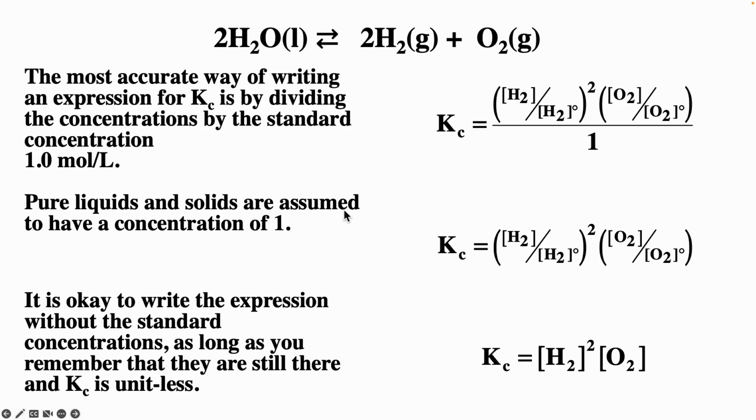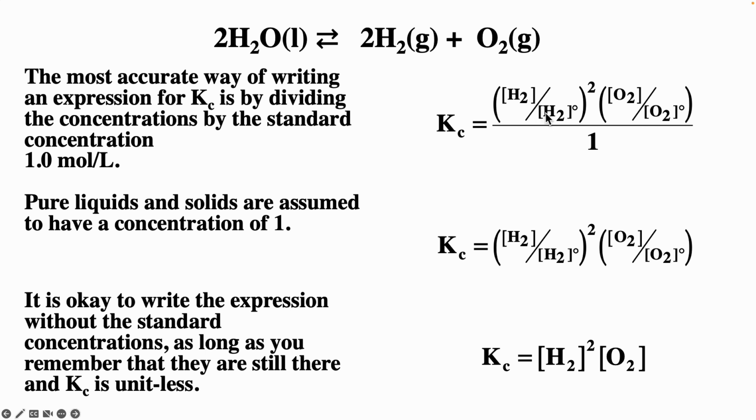Now we can also do our K sub C. The only difference really in writing an expression for K and K sub C is how you treat a gas. If you're writing K and you're looking at a concentration, you still write down the concentration. If you're writing K and you're doing a gas, you do it in partial pressure. If you're writing K sub C and you're looking at a gas, you still write it as a concentration.